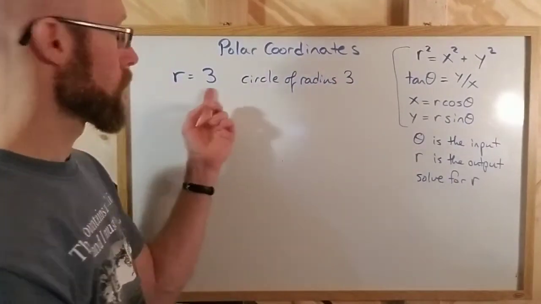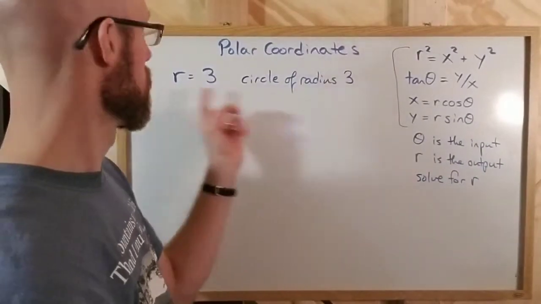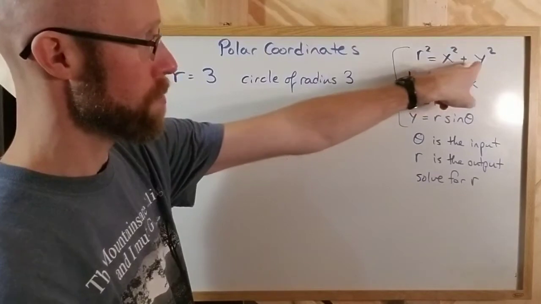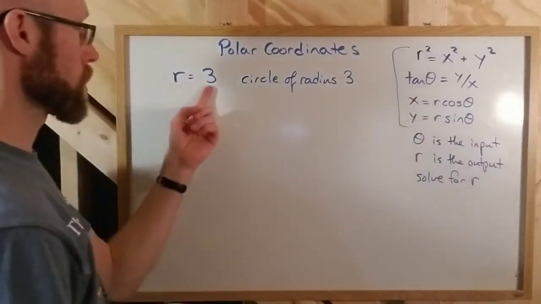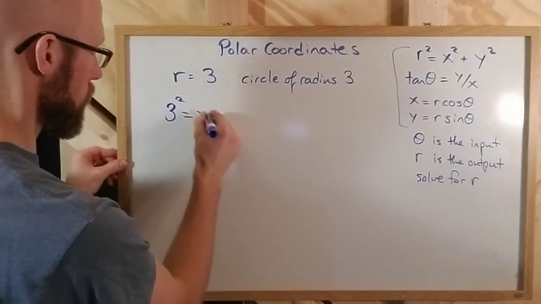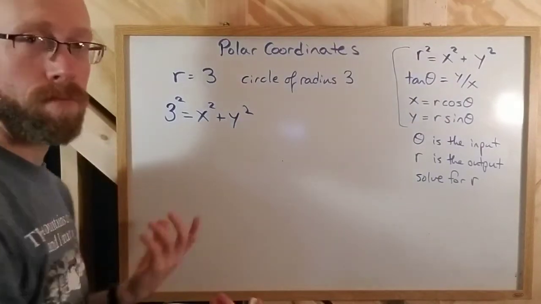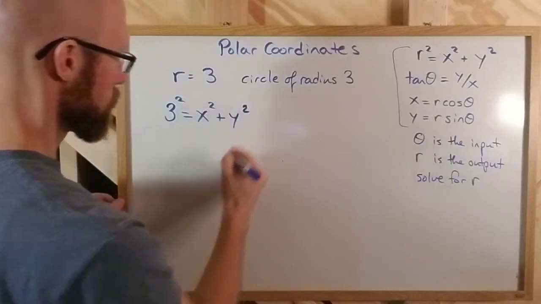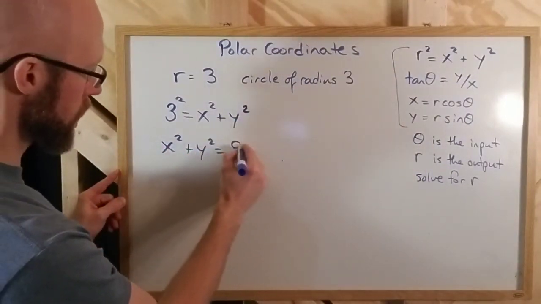Well, if I wanted to write that in rectangular form, this top equation, r squared equals x squared plus y squared, is a good option. Essentially, you plug in the 3 for r, and you get 3 squared equals x squared plus y squared. And then if I rearrange that a little bit, I might have x squared plus y squared equals 9.